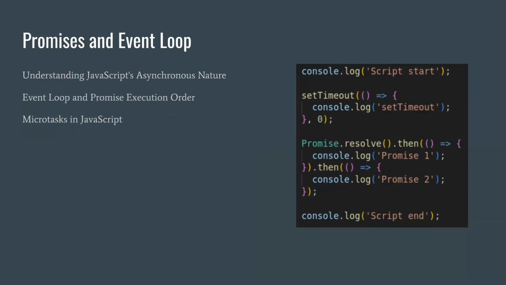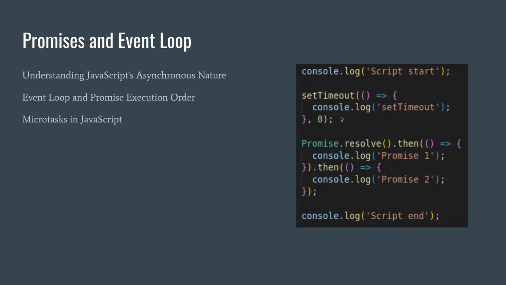Promises and event loop. So JavaScript's asynchronous nature is governed by the event loop. So understanding the event loop is crucial for understanding promises. In the provided example, you can notice the order of console logs.